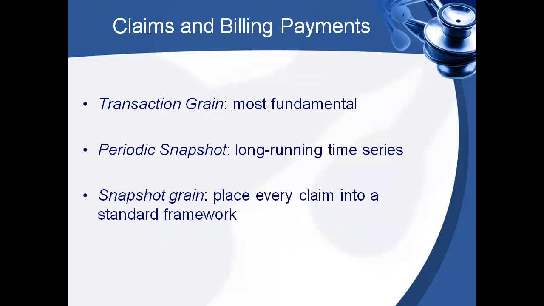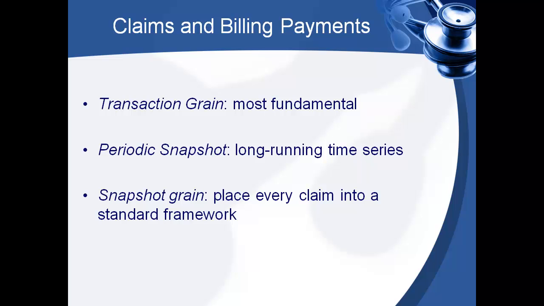As you know, the grain of a fact table represents the most atomic level by which the facts may be defined. The transaction grain is the most fundamental level. This would include every billing transaction from the physicians and facilities, as well as every claim payment transaction received. The periodic snapshot is the grain of choice for long-running time series, such as bank accounts and insurance policies.